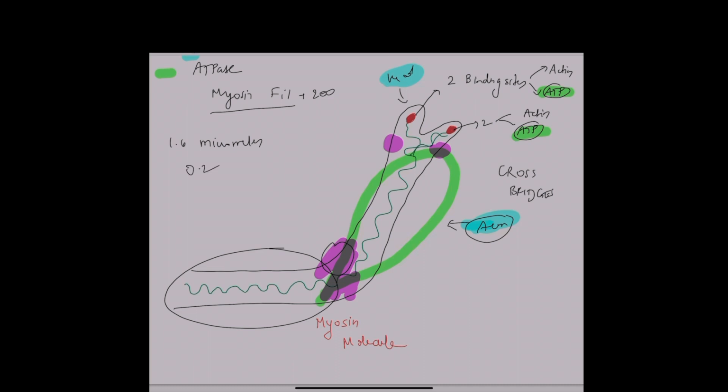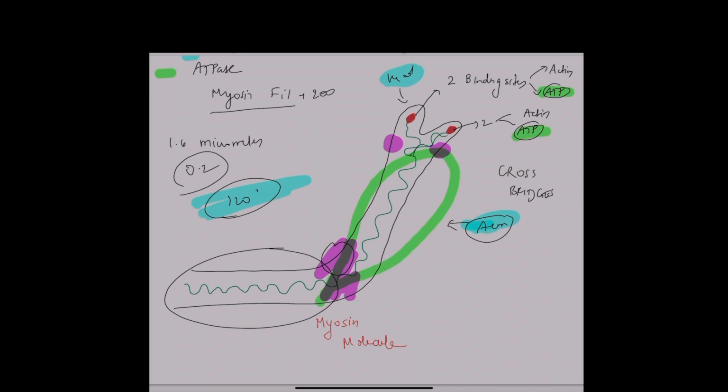Remember that. The myosin arm or head rotates to an angle of 120 degrees during a muscle contraction.